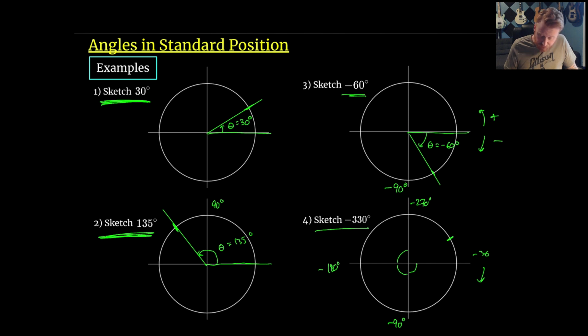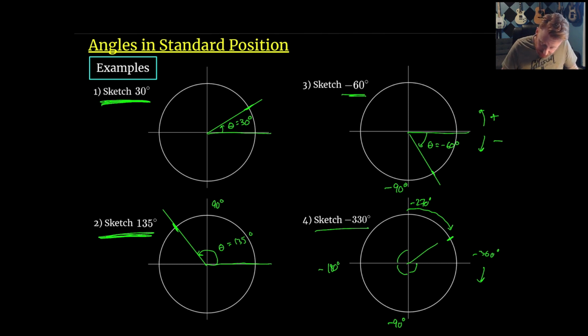So if I think about breaking this first quadrant into thirds, and I'm coming in from the other direction, I'm thinking about going 2/3 of the way from negative 270 to negative 360. Then that will be around there.